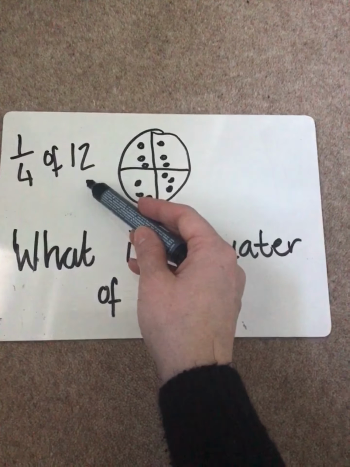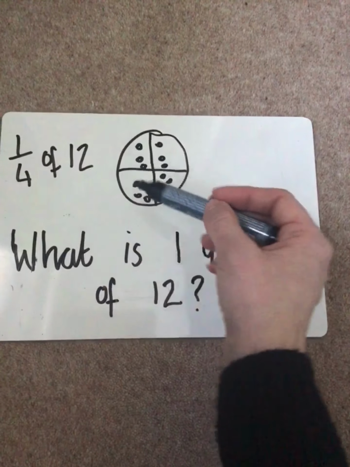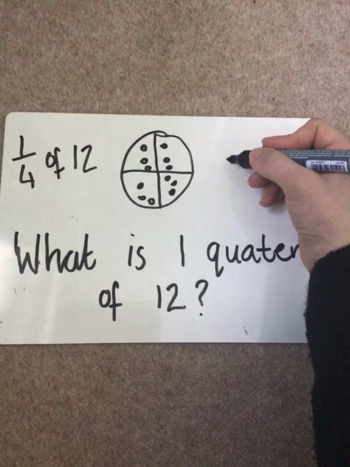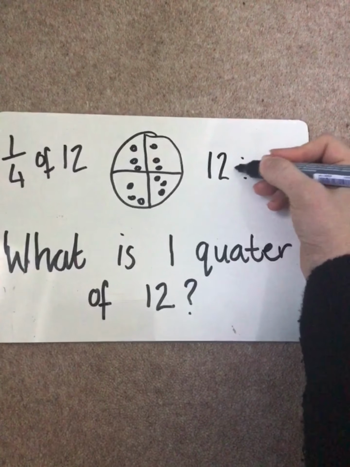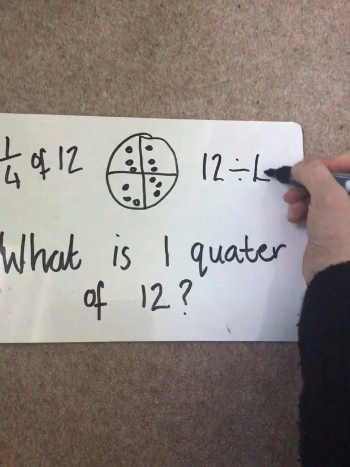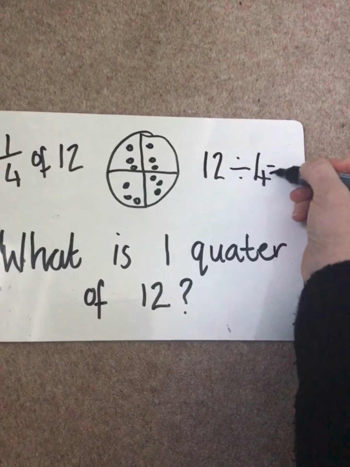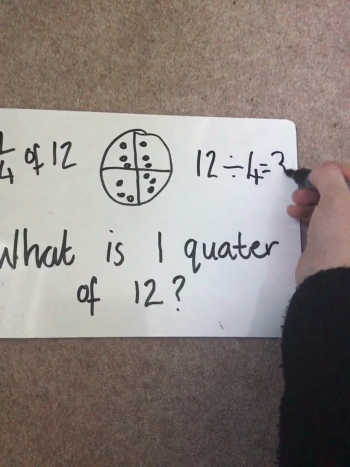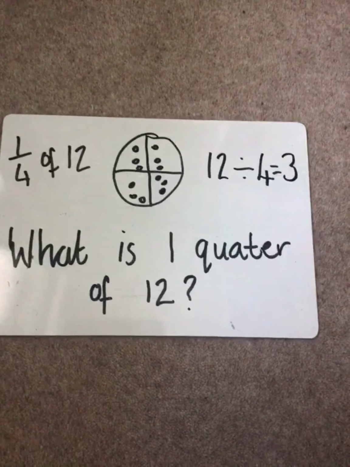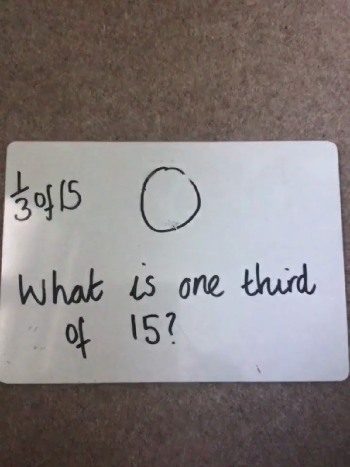So if we want to find a quarter of 12, we've got to share 12 between 4. Or we could write it 12 divided or shared between 4 equals 1, 2, 3. So our answer is 3. How are we doing? Are you with me so far? Do you understand? Note the bottom number of the fraction is what we're dividing by.